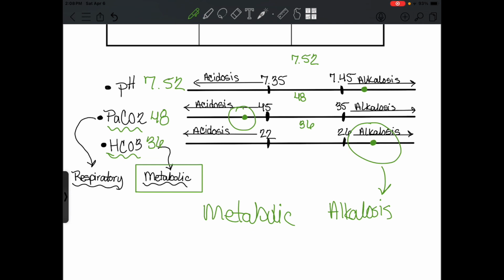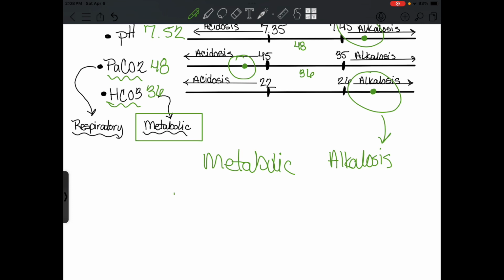Because what happens is, something's wrong with your kidney, so your lungs are going to kick in to compensate. But since this pH right here has not returned back to normal, I know that it is not fully compensated just yet. It's partial. So this is going to be partial compensation.